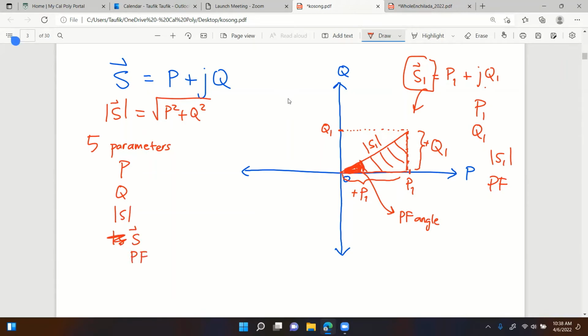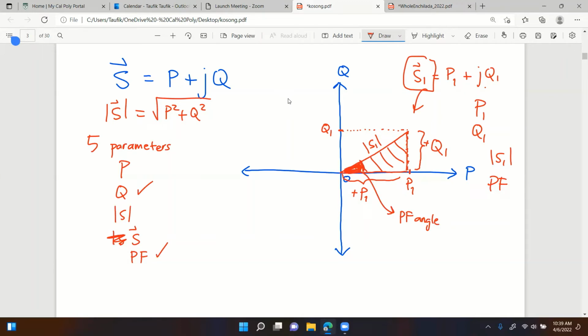If you know any 2 of these 5, then you can solve the other 3. If you know Q and PF, then you can get the other 3 by using the triangle. Any question on this?